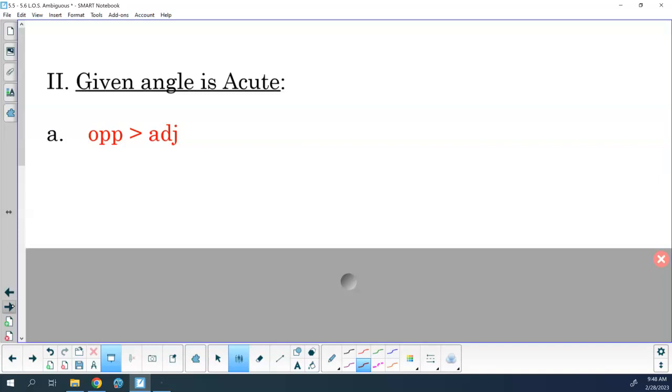Now, the given angle is acute. And you have a side and a side. Again, we'll call this the adjacent side. And we'll call this the opposite side. If the opposite side is bigger than the adjacent side, then there is one triangle.